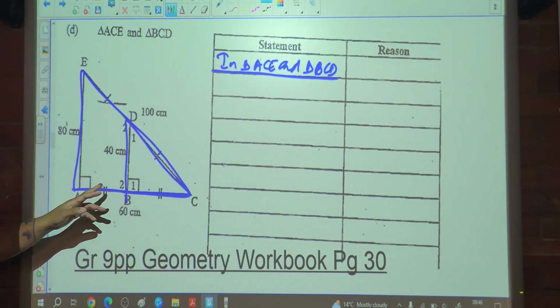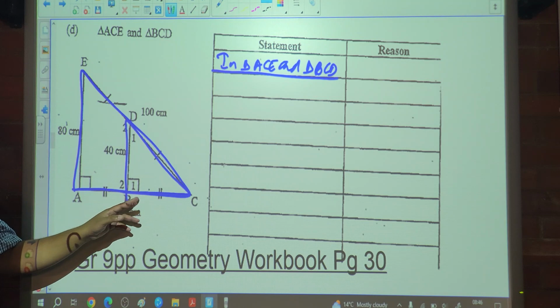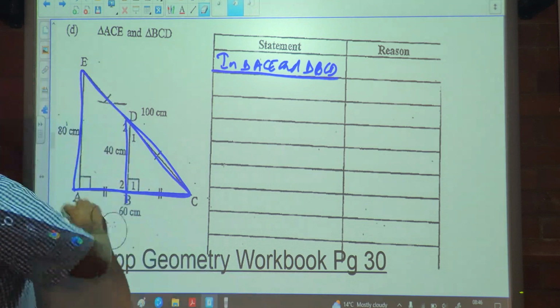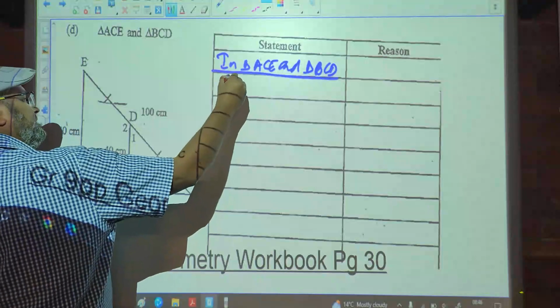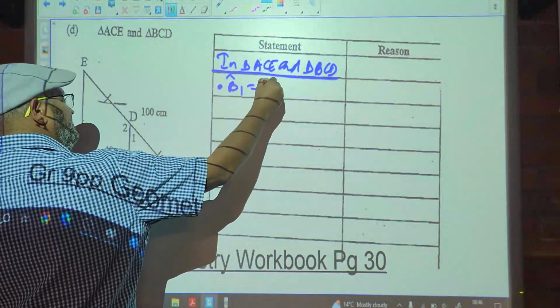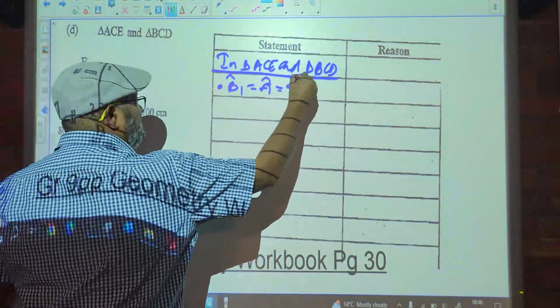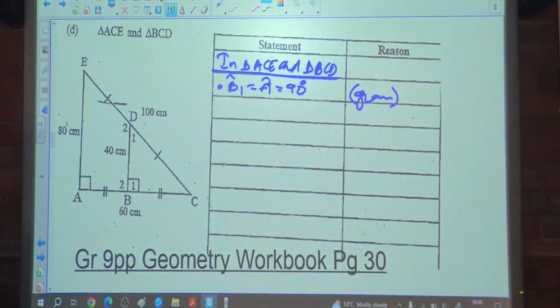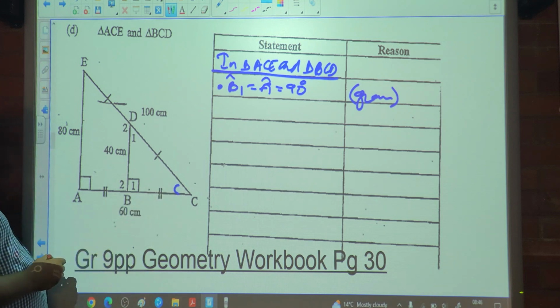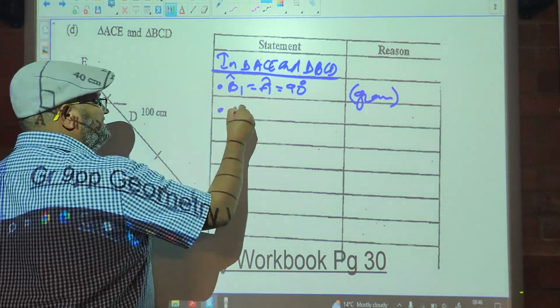Angle A is equal to angle B1. Why? Given. So I say angle B1 is equal to angle A, which is equal to 90, given. Right. We need another one. Angle C is a common angle, yes.